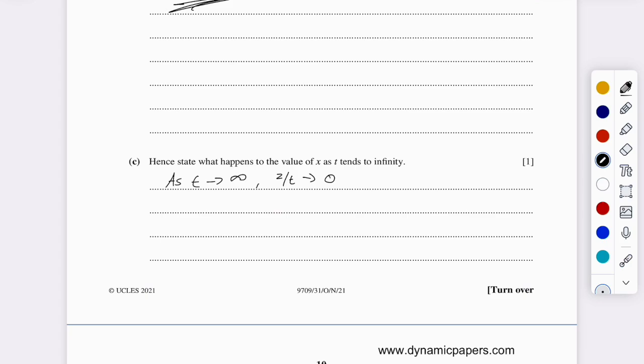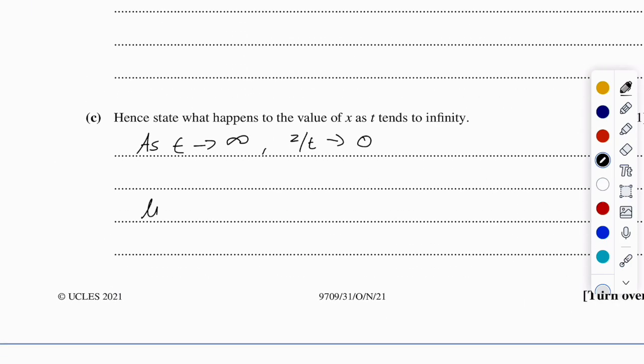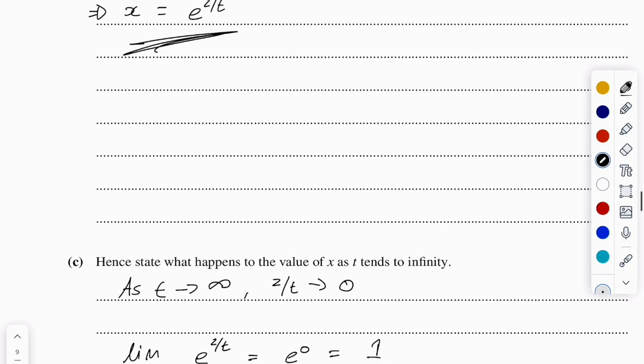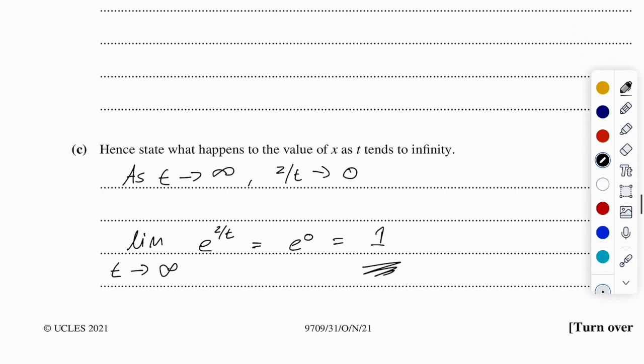Simple enough. So the limit as t approaches infinity of e to 2 over t is just going to equal e to the 0.